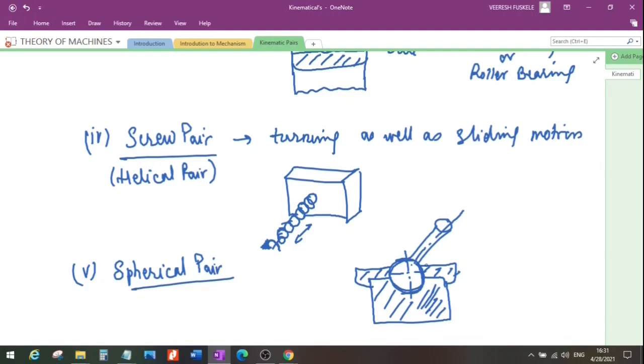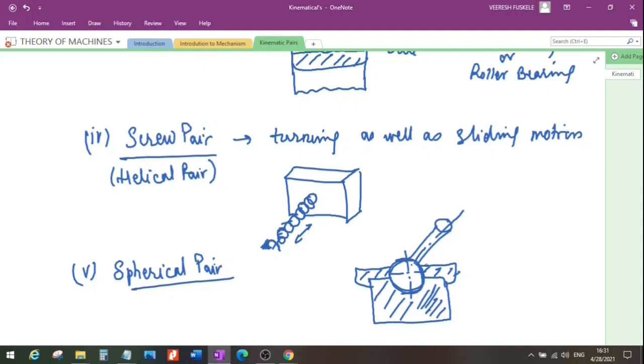Nowadays cars have a spherical pair, the side glass can be controlled with the help of a knob. A knob is there inside the car, and the direction of the side glass can be controlled with the help of this knob, and this knob is basically forming a spherical pair, right?